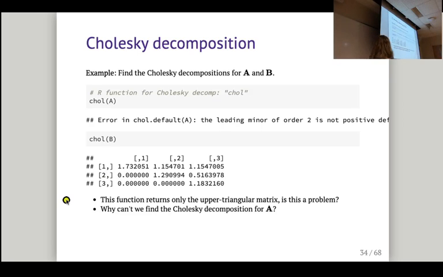Matrix B is square and positive definite, so we get back the decomposition. We'll only get back the decomposition in one direction, so this will return the upper triangular matrix. To get the lower triangular matrix, just take the transpose. So we only need to retain and store one.